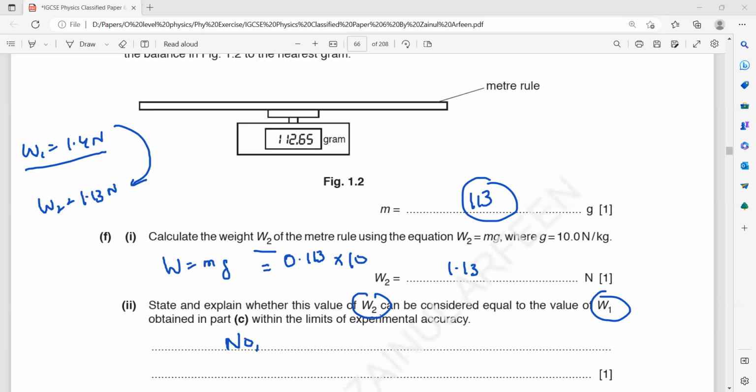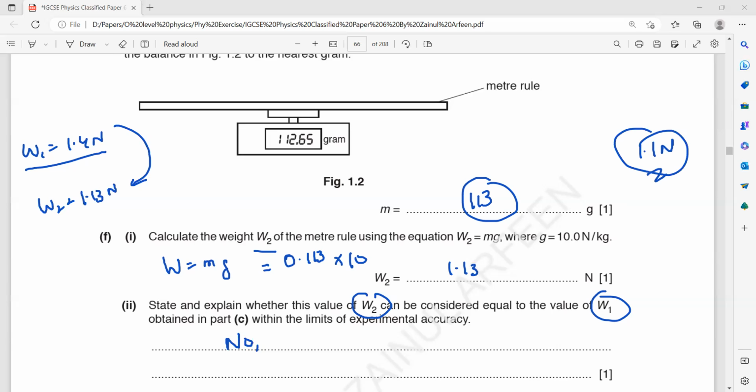So you can say, according to your answer, it's always a comparison. You will always compare, because this answer can be yes or no. For some students, maybe their last answer was 1.1 Newton. If their last answer was 1.1 Newton and this is 1.13, they will say yes.